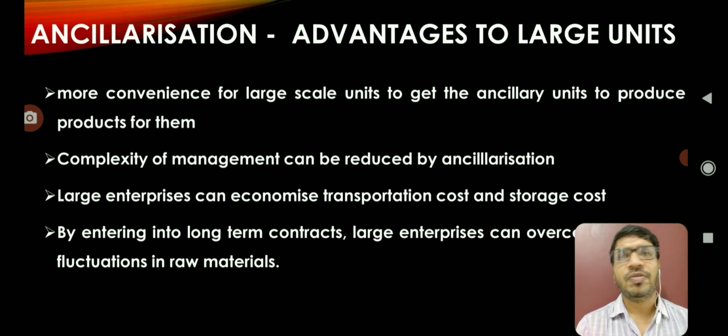Some MRF or CEAT or TVS or some other company, JK, are experts in manufacturing of tires. If a company, let us assume Hyundai or Maruti, wants to set up its own tire unit, its objective may be diversified to a certain extent, and it cannot focus completely on the manufacturing or development of new engines for cars. So their focus will be diverted to a certain extent to manufacture these components.